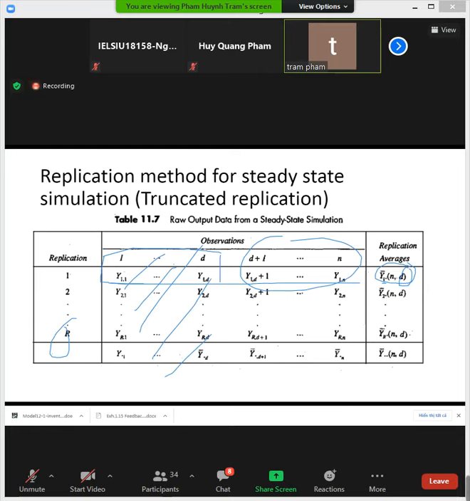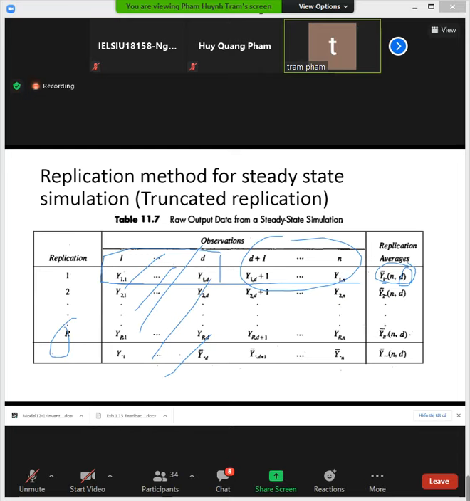So the replication method for steady state simulation is that we still run our simulation many times, but in each replication we remove the data during the warm-up period and just use the data in the steady state for analysis.